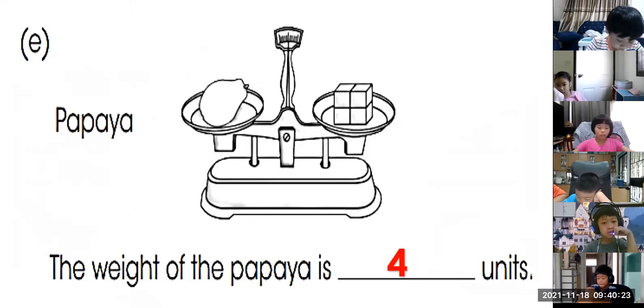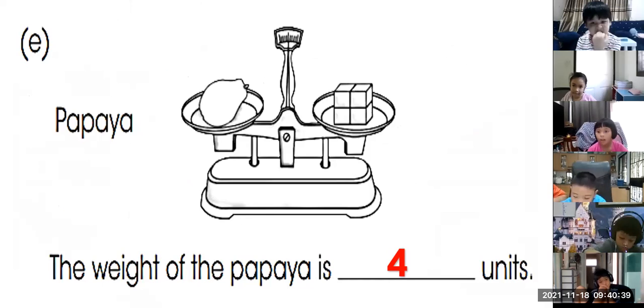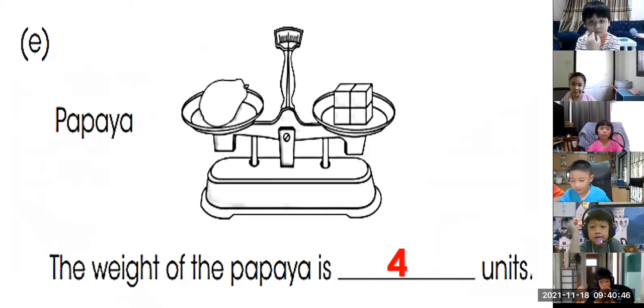I lost the letter D. The answer in letter D is 10 units. Please write your answer. It's 10 units. The letter D slice is missing, so just answer in your book. The answer in letter D is 10 units. Let's proceed to letter E.